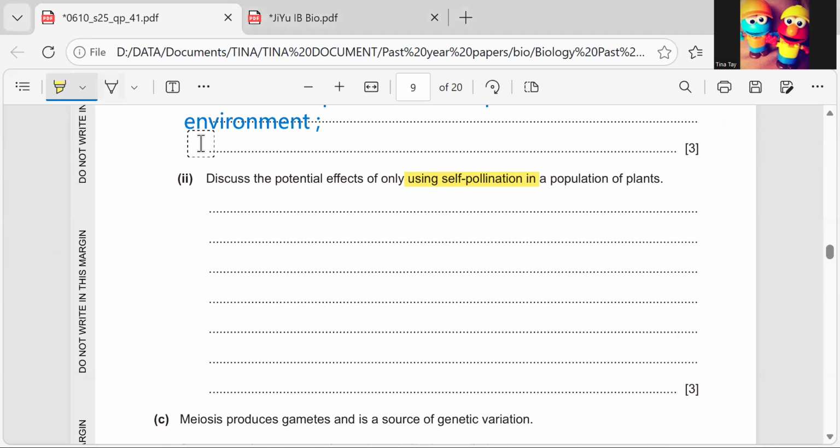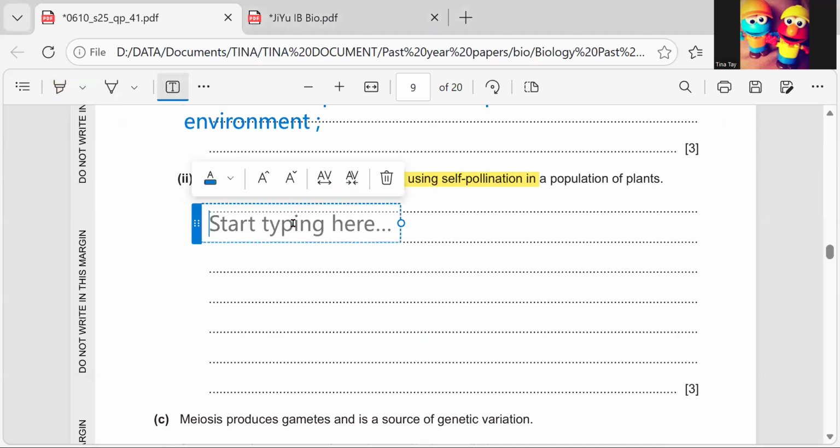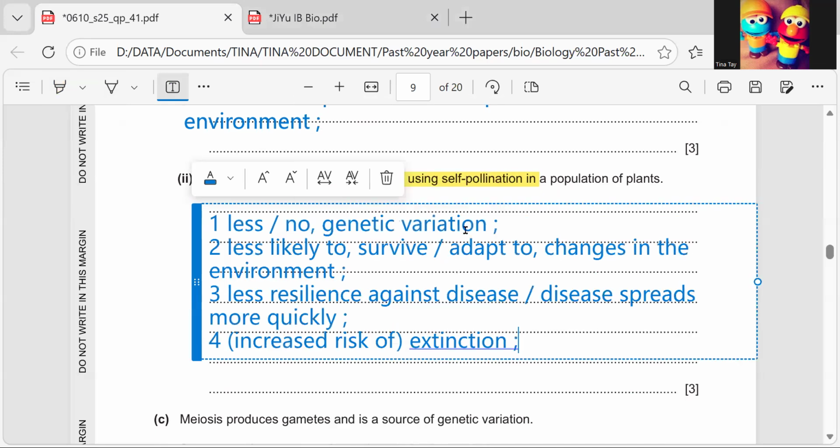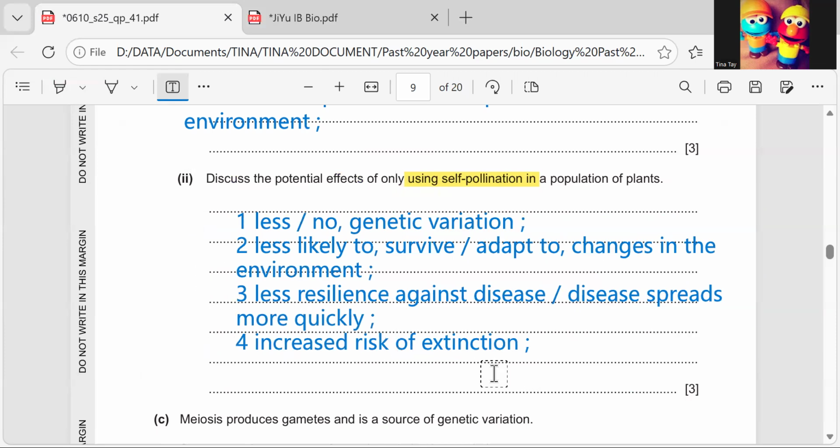Potential effects are all bad. They are less likely to survive changes to the environment, and have less resilience against the risk of extinction, because it's like the potato problem. All the potatoes are the same.